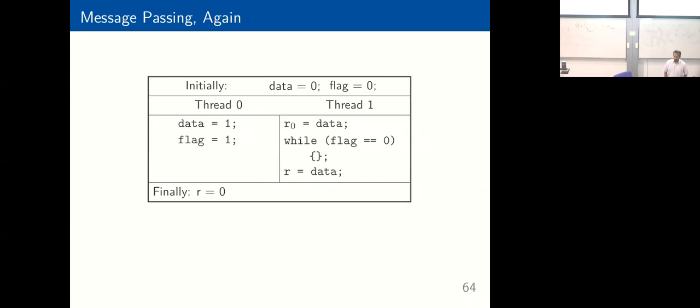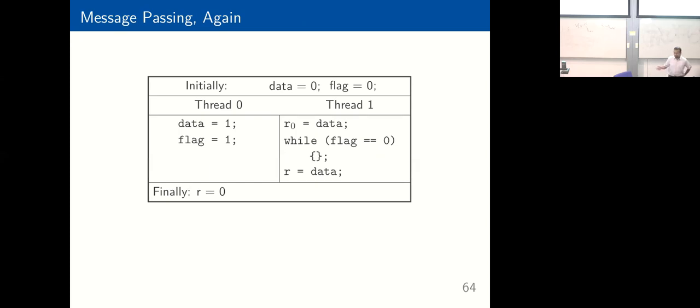Let's see message passing once more, to subtly hint to you that we are now in programming language world. I'll use bigger variables like data and flag. It's exactly the same program as before, except on thread 1, I preload data for whatever reason.